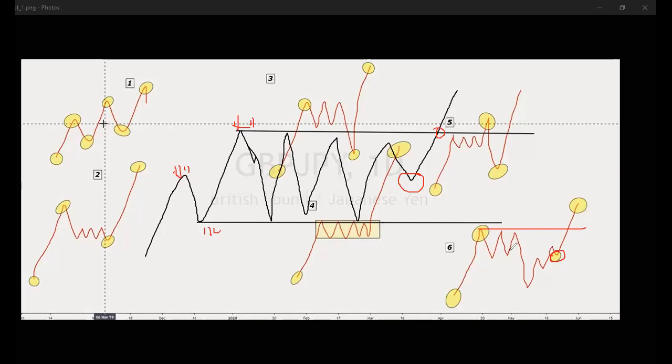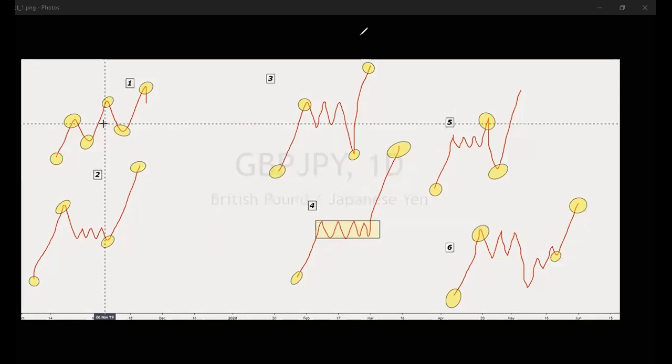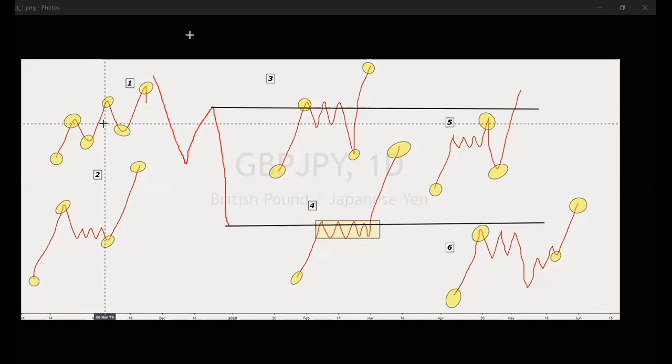After a range, this was a small range here. Only after a range, lower low, lower high, then you mark the range. This is the high. This is the lower high. This is the lower low. And then price starts to range inside here, right?